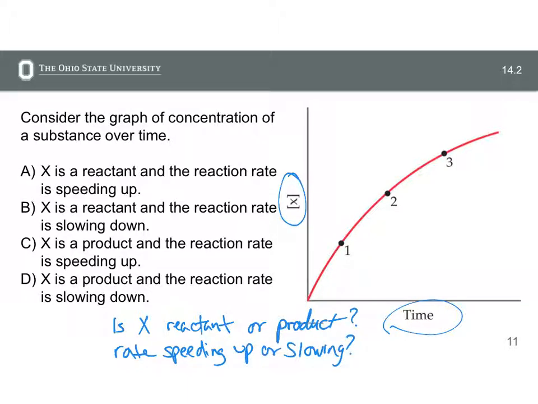Okay. So take a look at that, just based on the figure. Discuss with your neighbor. See if you come up with the same answer.